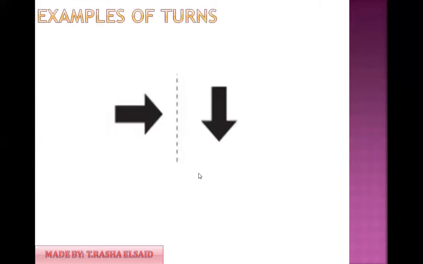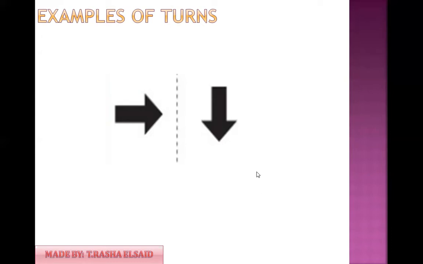Let's take more examples. This is an example of turn. This is the original position for this figure, for this arrow. Then if I like to turn it, so this is turn. So if he gives me this figure and asks me, is this slide, flip or turn?